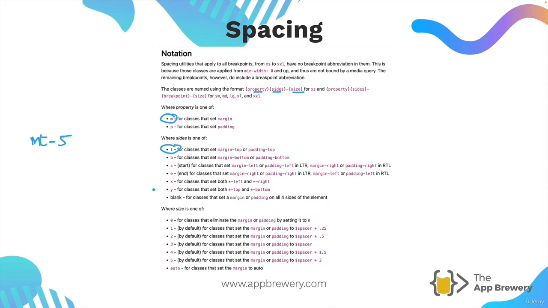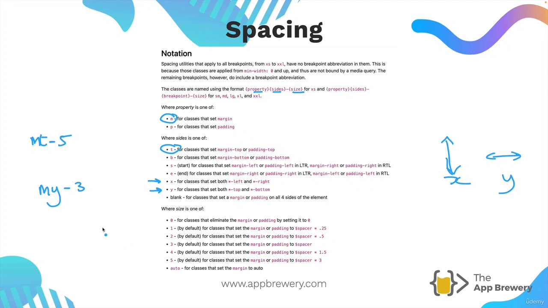And then there's this concept of x and y. So if you want to set the margin for both the top and the bottom, you'll use the y axis. And if you want to set the margin or padding for the left and the right, then you can use that x axis. So maybe you'll have my-3. It looks like my 3, but it actually says set the margin for the y-axis to a size of 3.